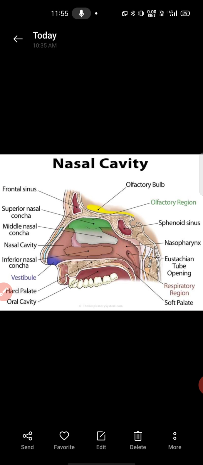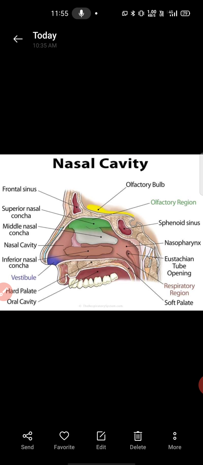Mostly, your nose is getting its blood from the ophthalmic artery, the facial artery, the maxillary artery, and a branch of the carotid artery.